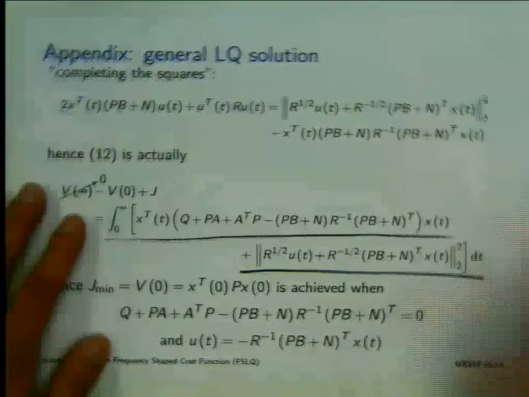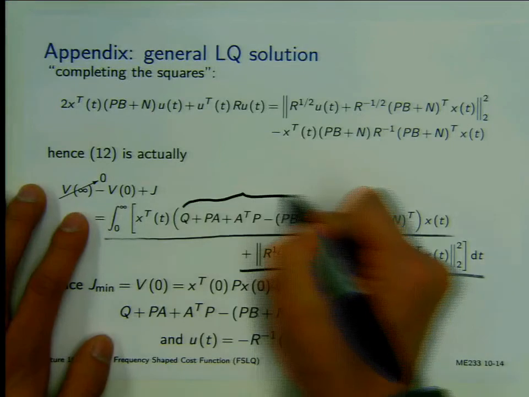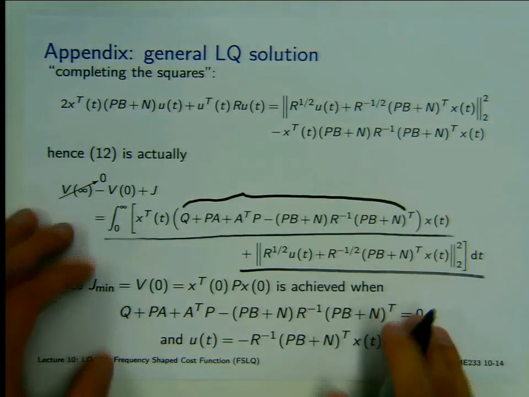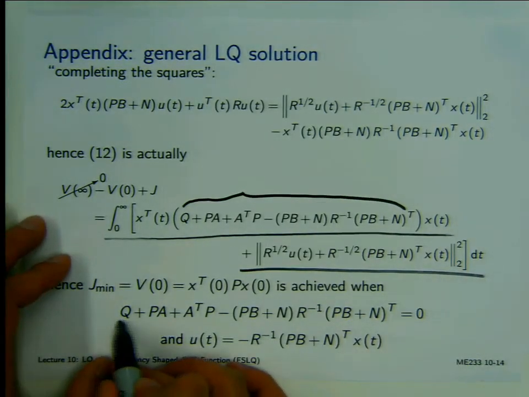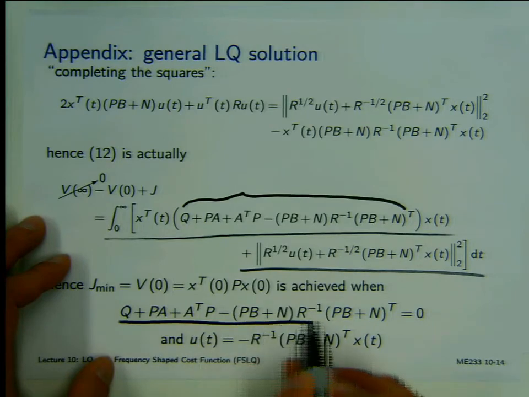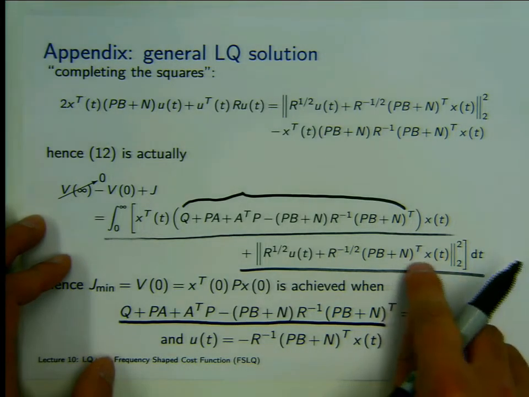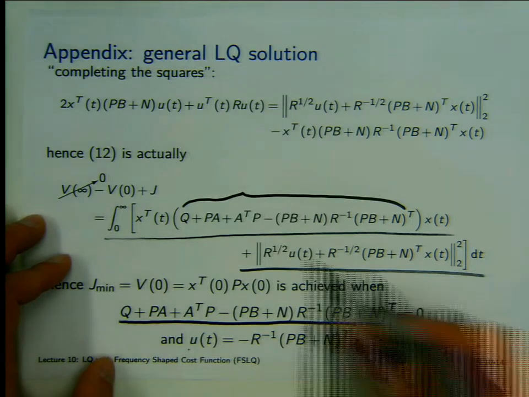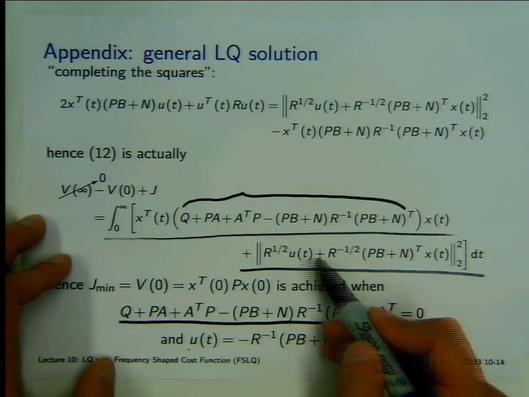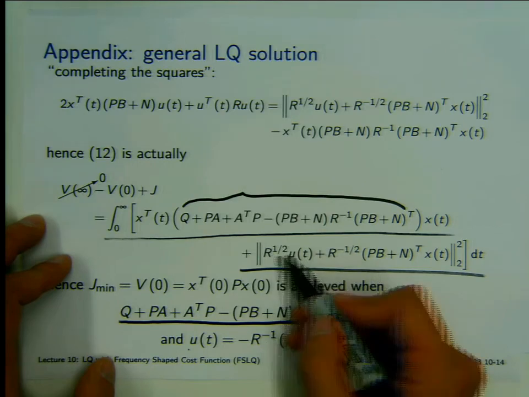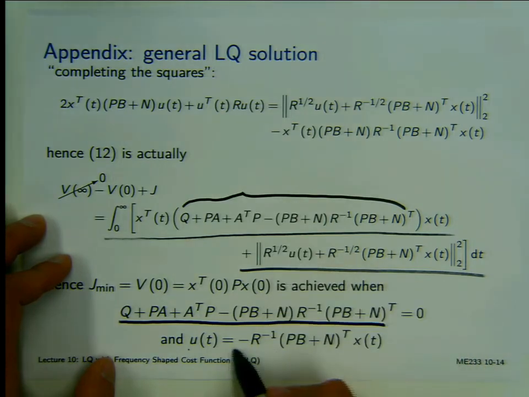And exactly here, this guy is the left-hand side of the Riccati equation. If you let this guy be 0, you get exactly, so u has to be negative R negative 1 divided by 2.